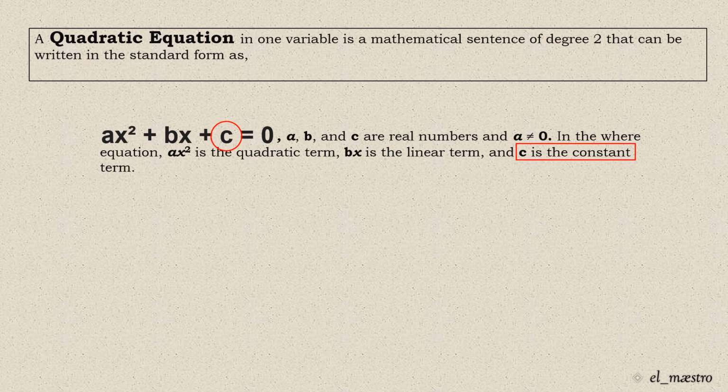And also you, c, the constant. When I say constant, it is not changing, fixed. You are a constant partner. Okay, just accept it. So remember again: the quadratic term, the linear term, and the constant term. Okay? Got it. Let's have an example.